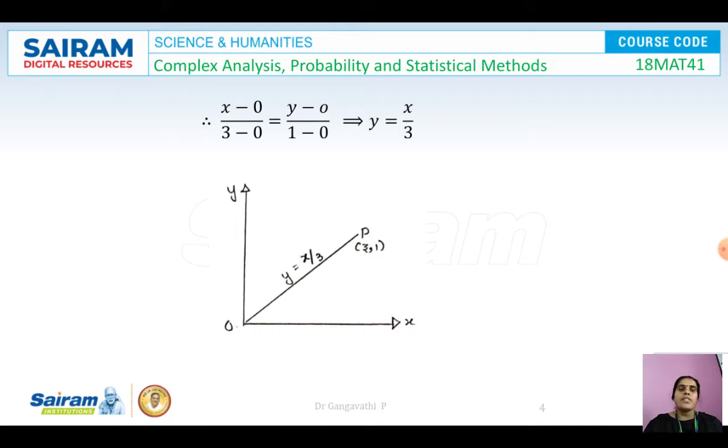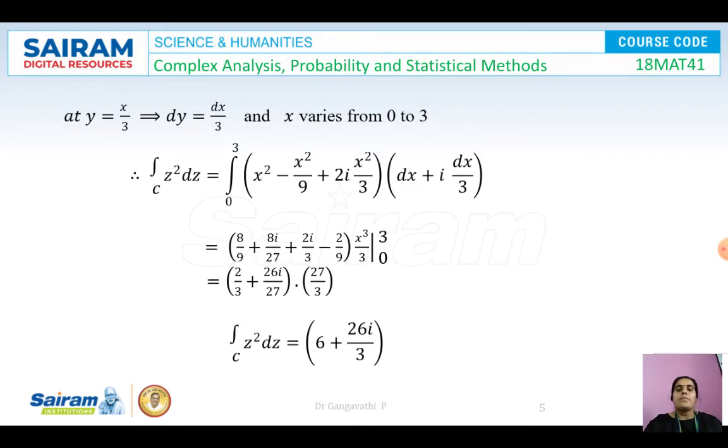The equation of a straight line is y equal to mx plus c, where c is 0 here and m is 1 by 3. If we draw it graphically along the x-axis and y-axis, y equal to x by 3 is the line we get for a set of values of x and y.